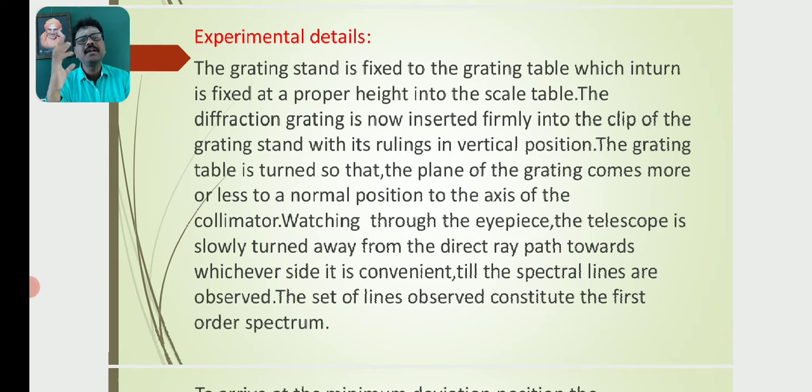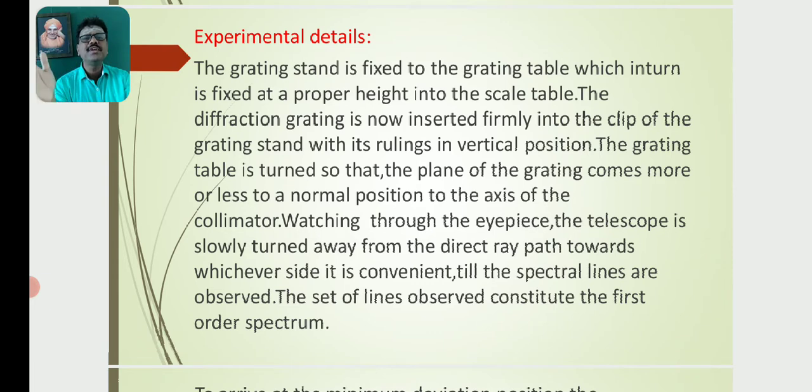Then the grating table is turned so that the plane of the grating comes more or less normal to the axis of the collimator. So the grating should be perpendicular to the axis of the collimator.